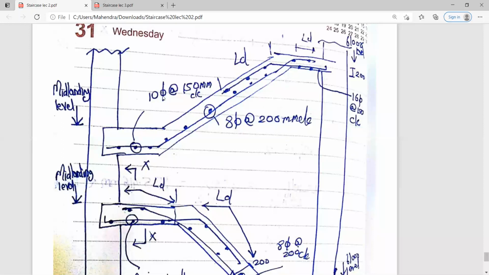The main reinforcement you provided for the flight is this one. This is your mid landing level and this is your main reinforcement for the flight. That is, the spacing is 150 millimeter center to center. This is your secondary reinforcement, that is 8 phi at the rate of 200 millimeter center to center. And the reinforcement that you provided over here is the main reinforcement for landing and mid landing.